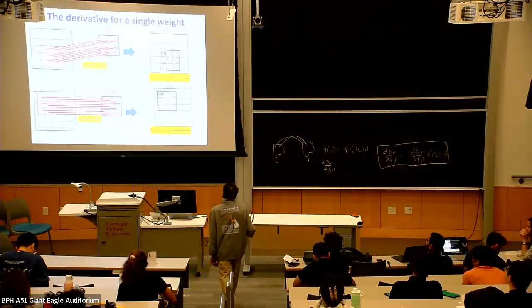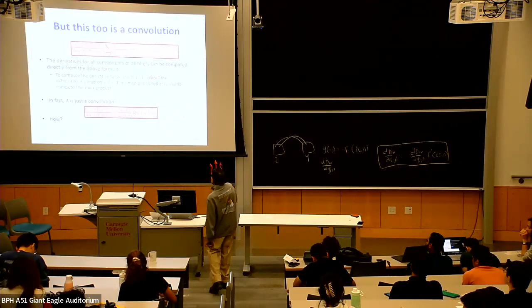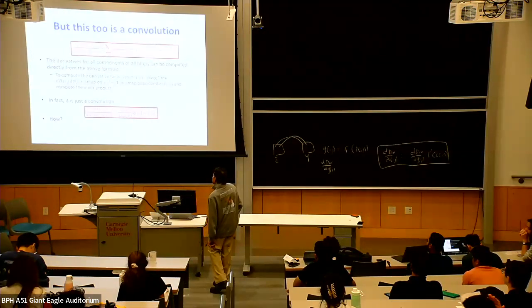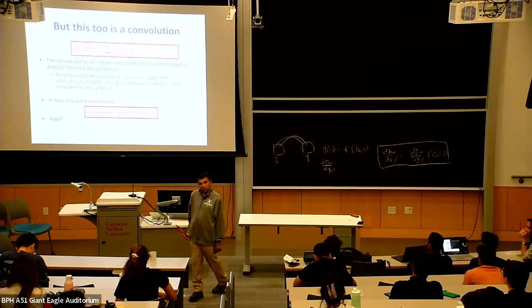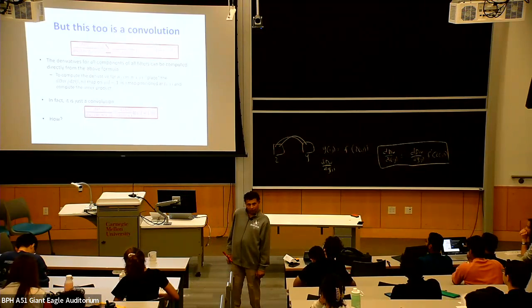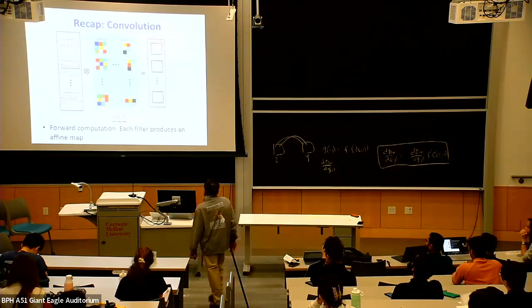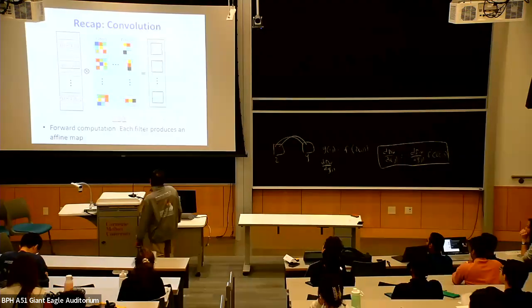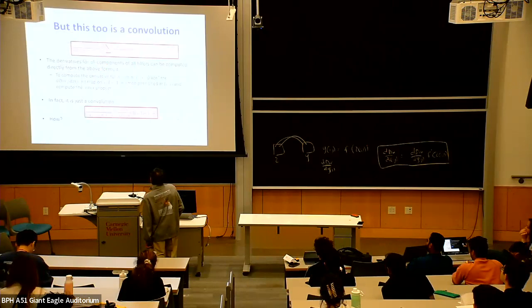So, I'll actually just go straight to this. We know where the formula came from, but this is just a convolution. To see how, let's look at what happens here. In the forward operation, each filter produces an affine map. Now let's go back and look at this.